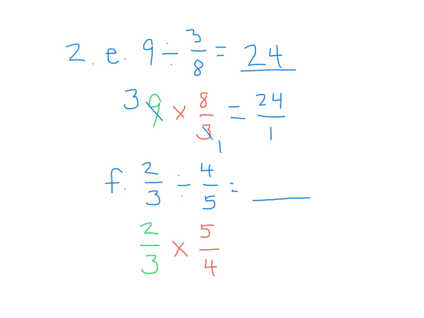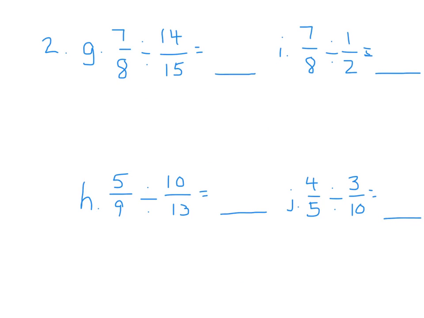I can still reduce before I multiply. 2 and 4 reduce to 1 and 2. Now I'm going to multiply across. 1 times 5 for the numerator, 3 times 2 for the denominator. And this time I see I have a fraction for my answer rather than a whole number or a mixed number.